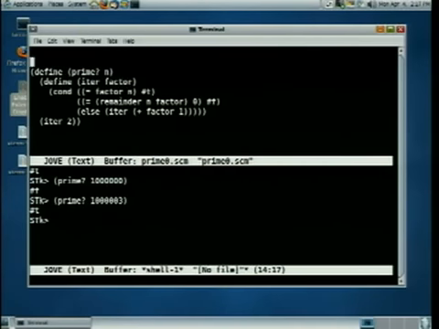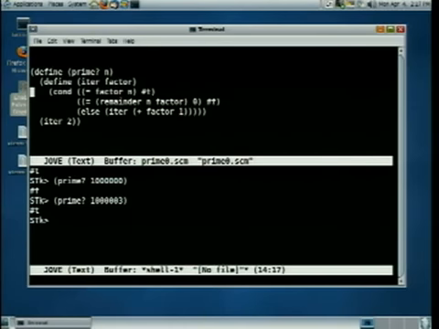How does this program work? Well, it has a helper function called iter, whose argument is a candidate for being a factor of n. And down here we start out with factor being 2, because that's the smallest number that counts for making something not be prime. And what iter does, it says, have we reached n? Is factor equal to n? In other words, have we tried every possible factor from 2 to n minus 1?